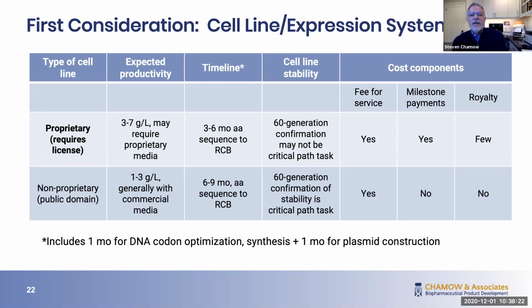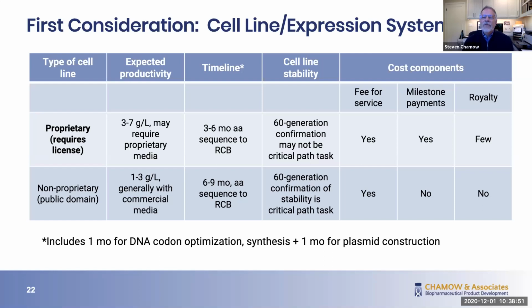And the cell line stability is often less of a risk because of the details of the expression system. And so the 60 generation confirmation study may not be a critical path task, because it just is not as great a risk as it is with non-proprietary approaches.